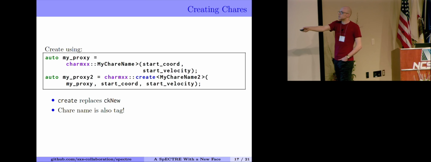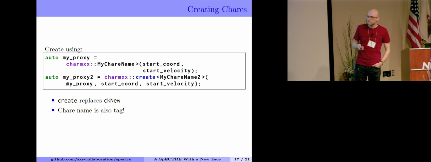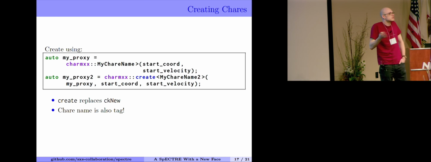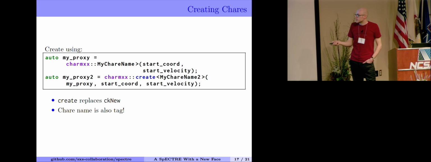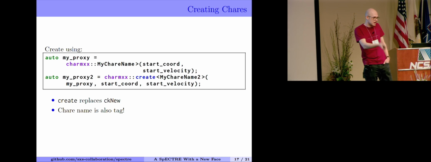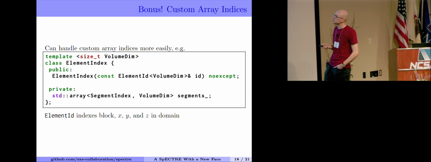So here you can see that you can also pass around the other proxies, and you can retrieve them by their name. Basically here, create is just what would be CkNew currently. And like I said, this chare name is also the tag in the member data, so you can use the same name everywhere to grab out your proxies.